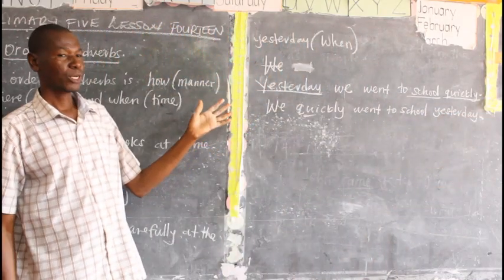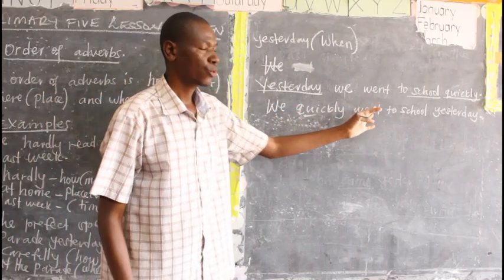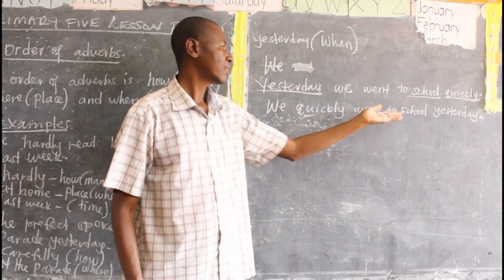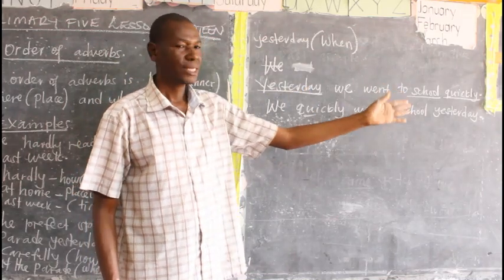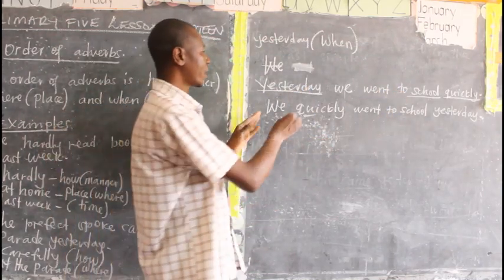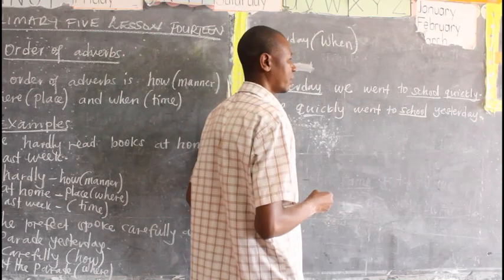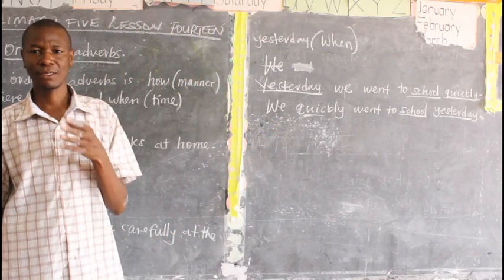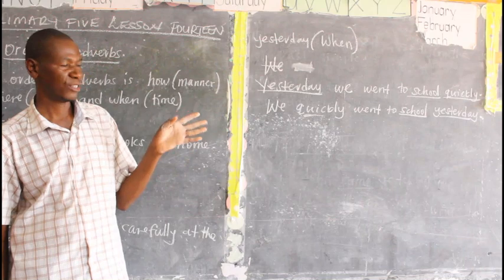So this is what we are supposed to write: we quickly went to school yesterday. You can see that quickly is manner, school is place, yesterday is time. So that is how we are supposed to arrange adverbs in sentences.